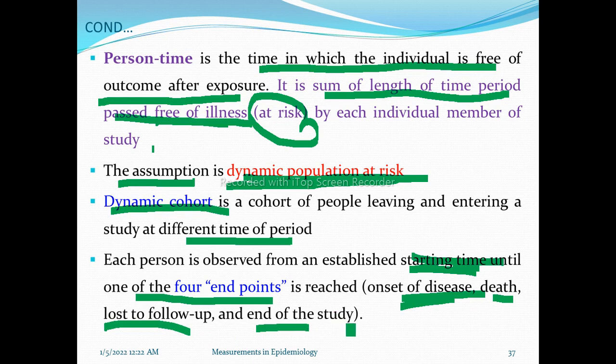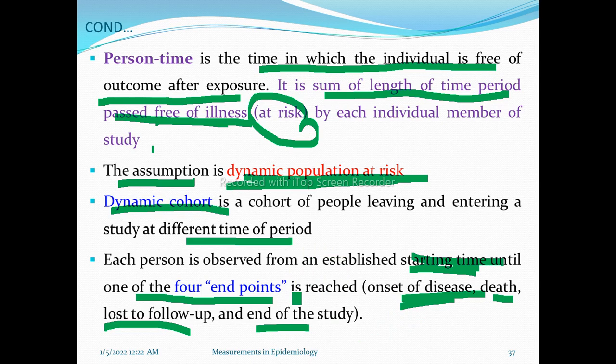So different individuals start at different times and also end at different times: death, lost to follow-up, end of study, censoring or recovery will be at different times. But also the outcome of interest will be different: onset of disease, other deaths, or recovery.